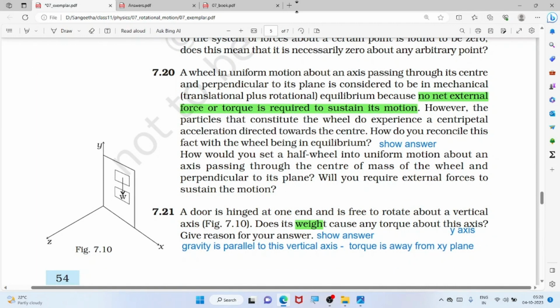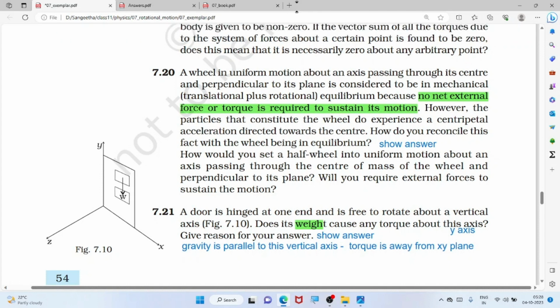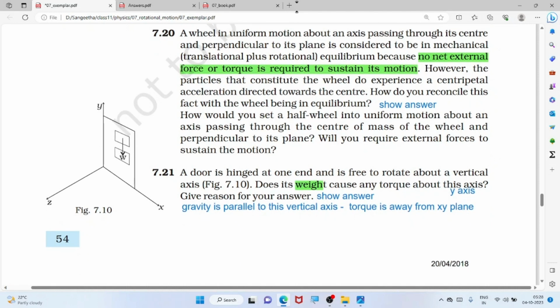A wheel in uniform motion about an axis passing through its center perpendicularly is considered to be in mechanical, translational plus rotational, equilibrium because no net external force or torque is required to sustain its motion. However, the particles that constitute the wheel experience centripetal acceleration directed towards its center.